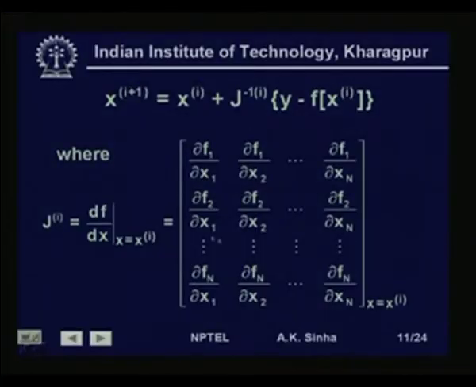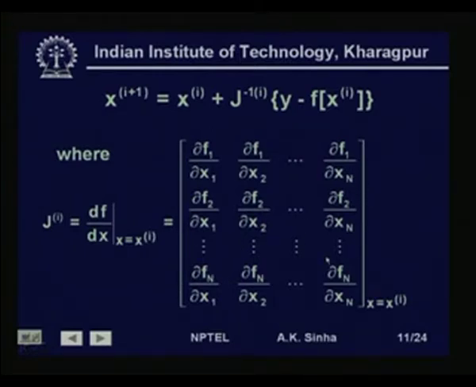Except for the slack bus, we have 2 equations for each bus, if we assume that all the buses are PQ buses. So, the total number of equations will be 2 into n minus 1. For a 100 bus system, we will have 2 into 99, that is 198 equations. So, we will have a 198 by 198 matrix representing this J.